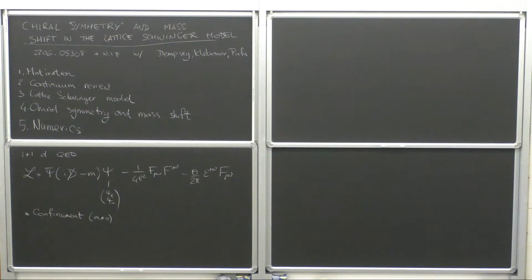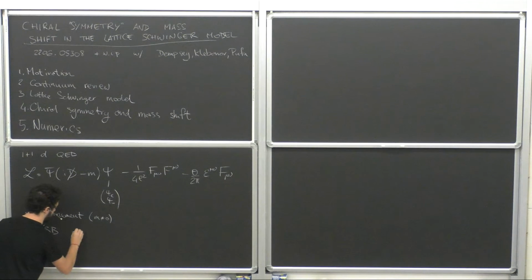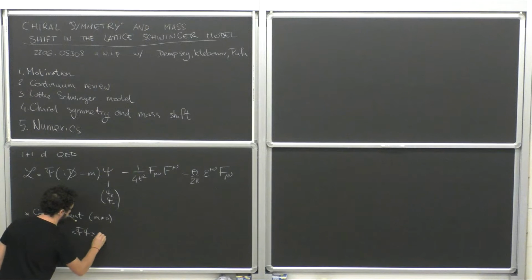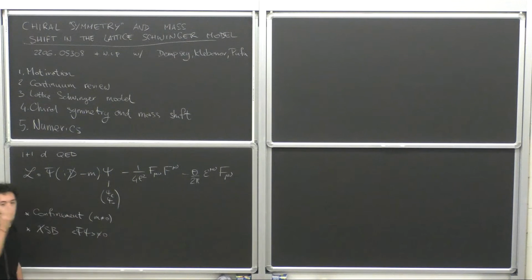This shows chiral symmetry breaking, and by this I mean that the fermion condensate has a non-zero VEV in the same way that QCD might show chiral symmetry breaking. But clearly, the reason that we like it is that it's simple. So this is actually solvable in the massless case.